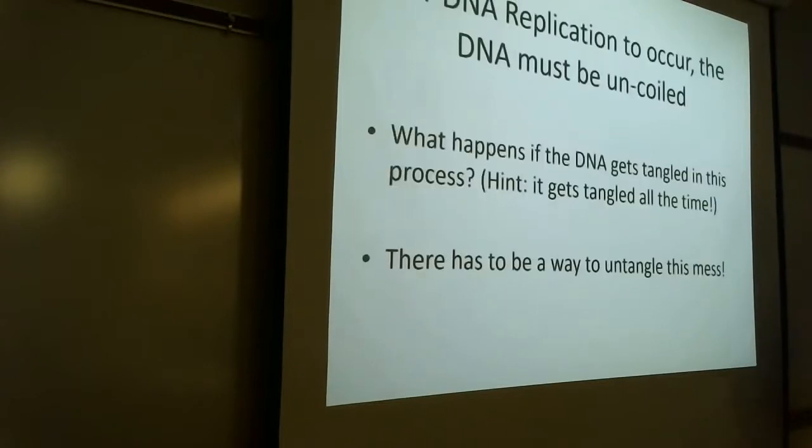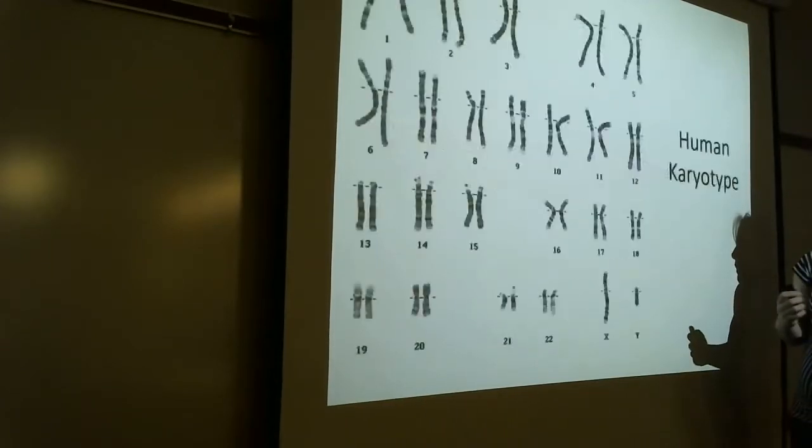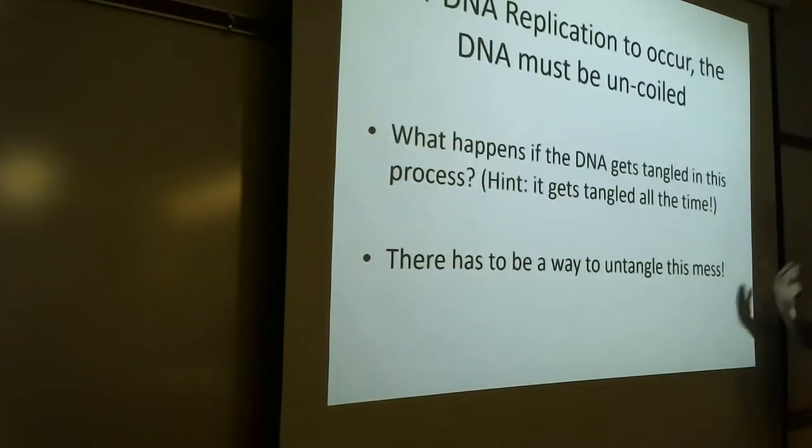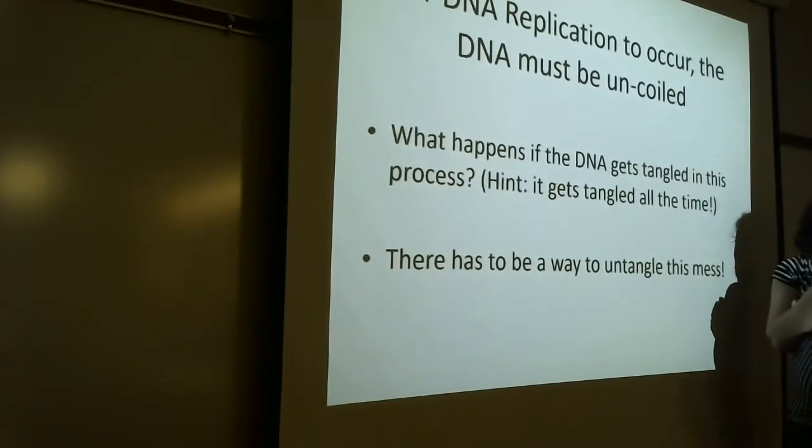All right, so to replicate the DNA, you got to uncoil it, right? Because it's a big mess. Right? You've got to get down to the DNA itself. And I mean, the DNA, think about how awful it is to untangle a necklace that gets coiled up. Oh my gosh, I'd rather throw it away sometimes, right?